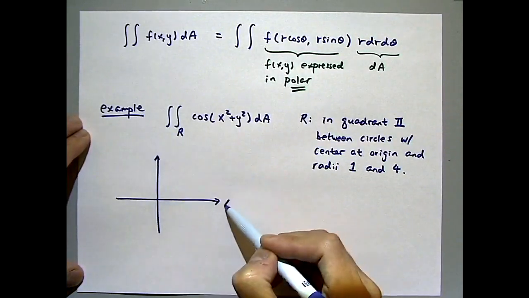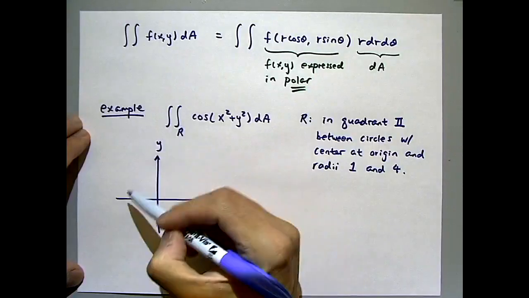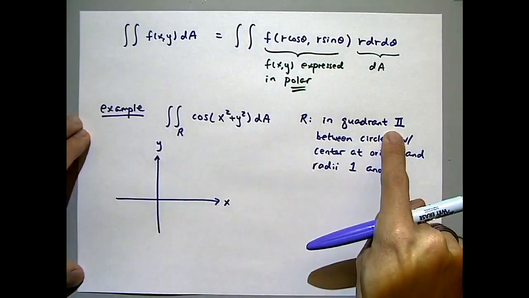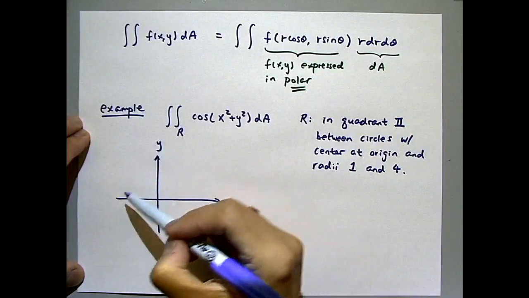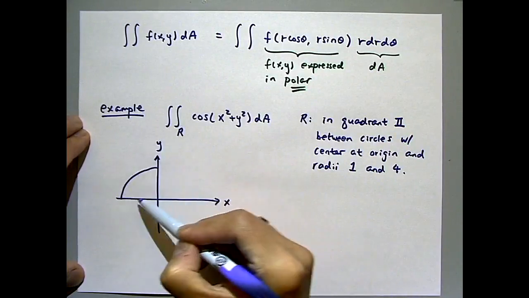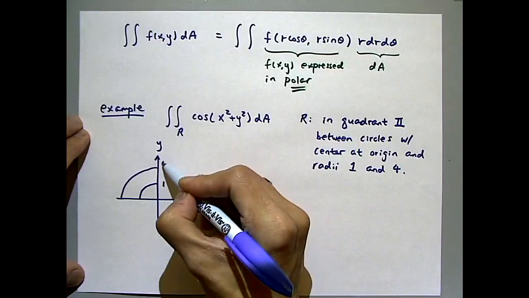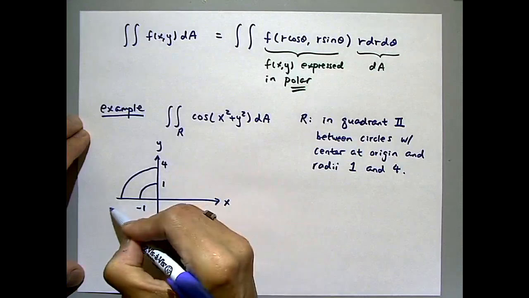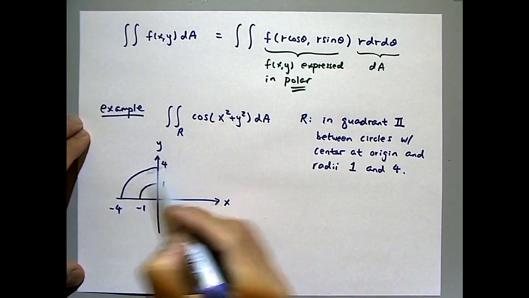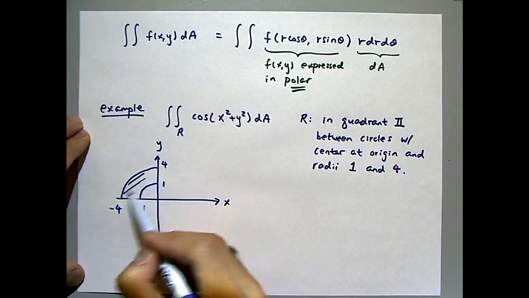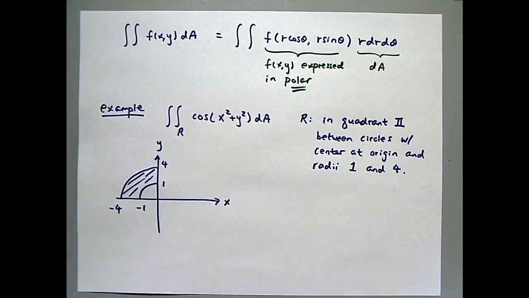All right, so let's do a very quick sketch of what we're dealing with. We're in quadrant 2, between two circles centered on the origin. Okay, so that's the region R we're dealing with.